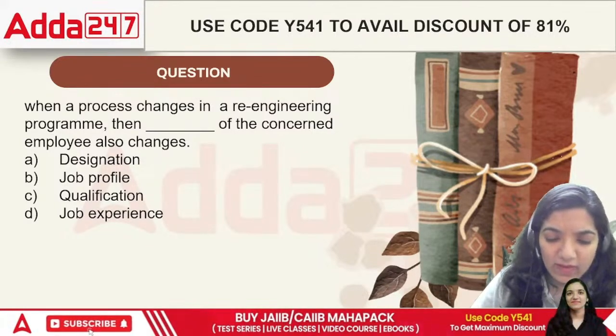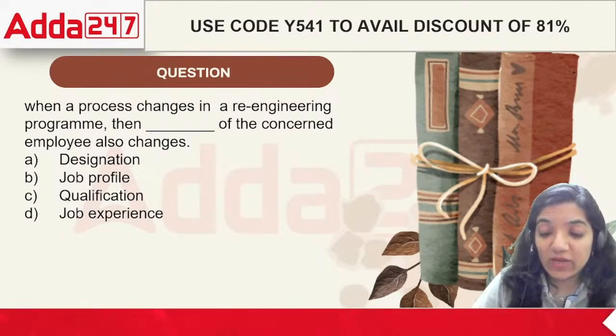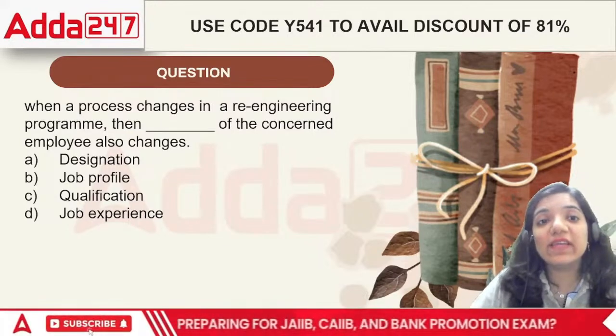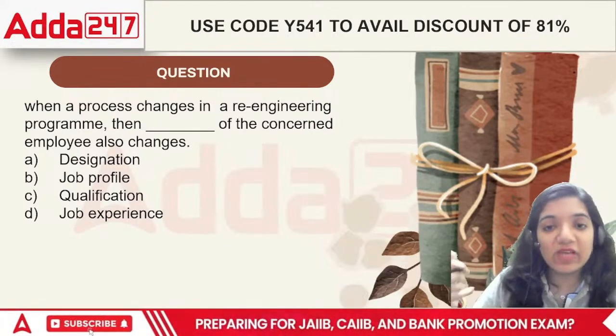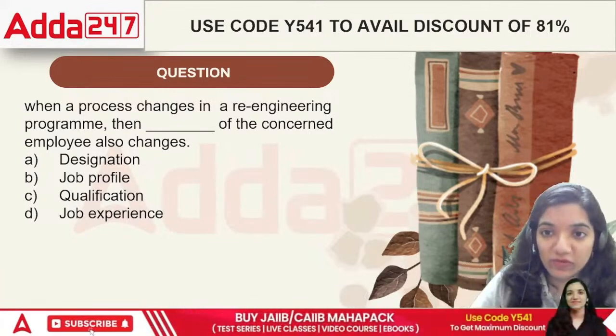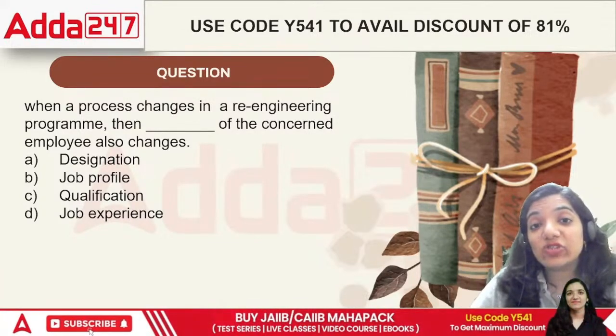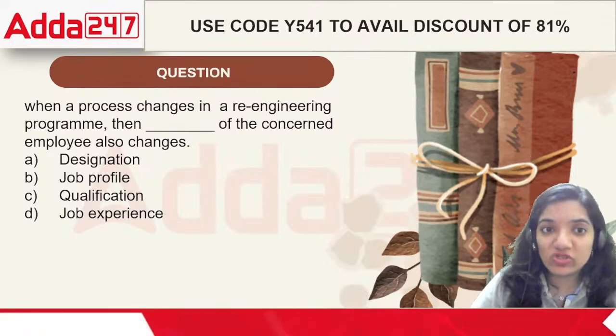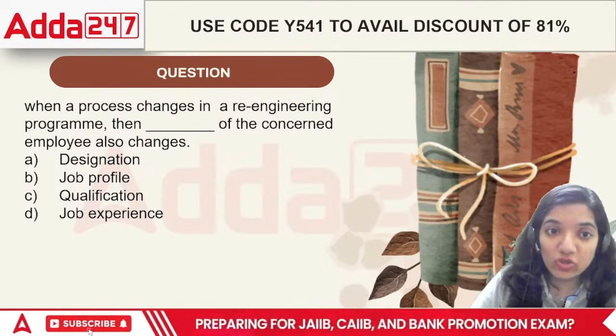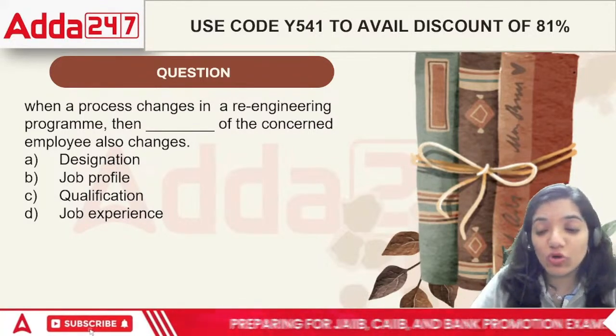Okay. Then the second question says when a process changes in a re-engineering program. That means sometimes we look towards a new program for the people there. So then dash of the concerned employee also changes. What changes? The designation, the job profile, their qualification or job experience.